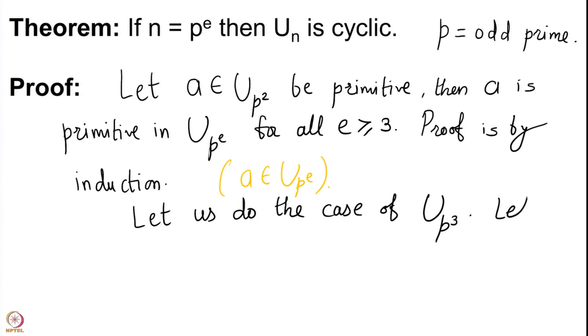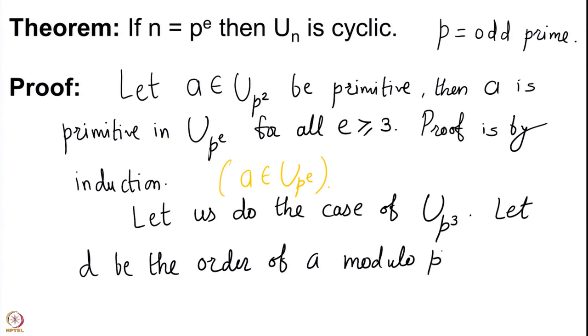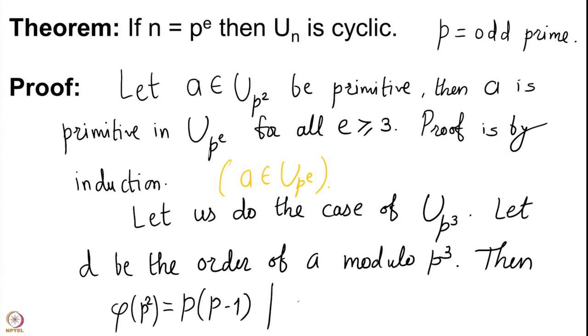Let d be the order of a modulo p cube. Then once again, as we have observed in the previous proof, p into p minus 1, which is phi of p square, will have to divide the order d and it will also divide p square into p minus 1, which is phi of p cube.